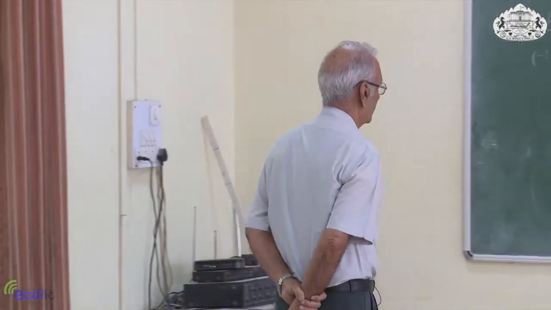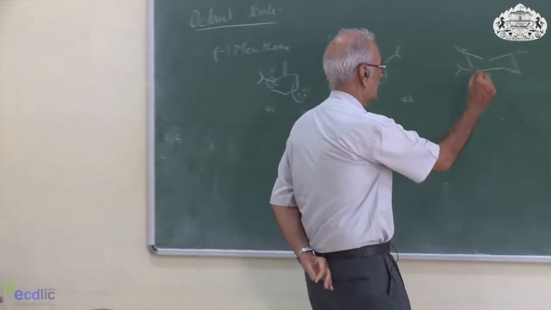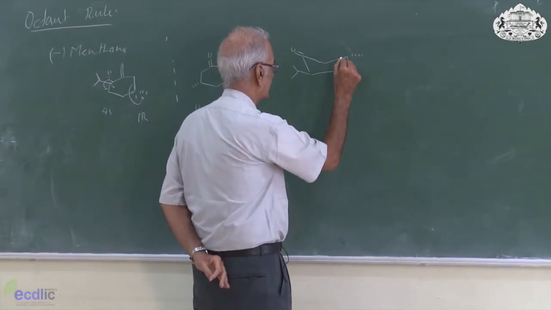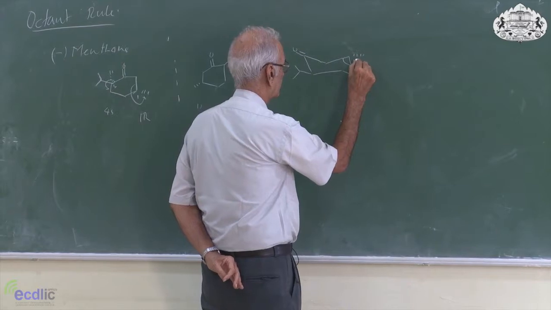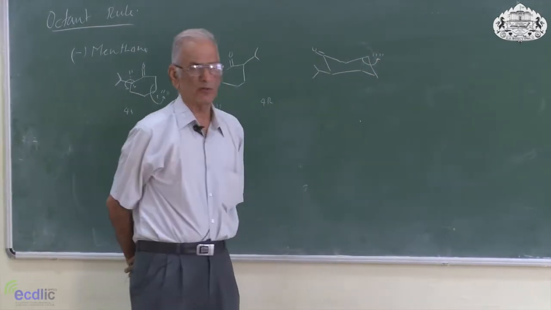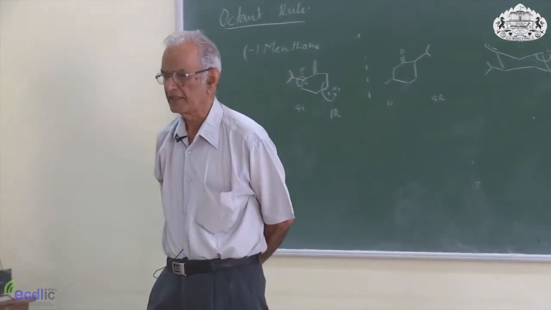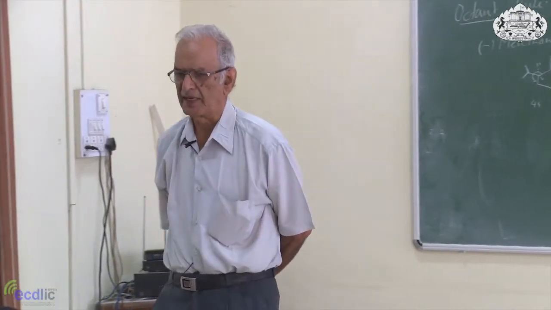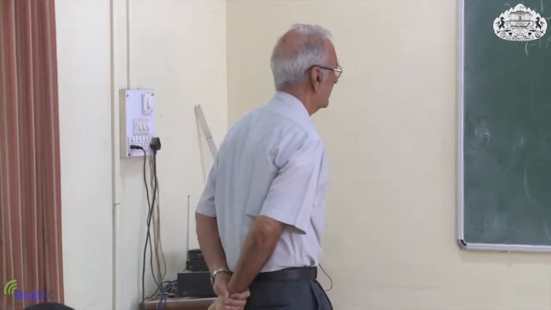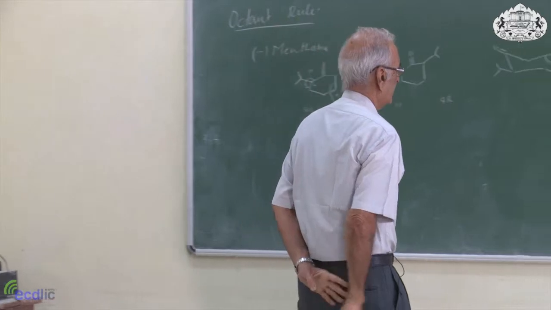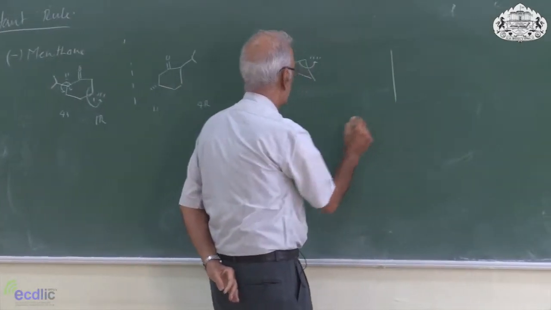Conformation will be chair, both substituents are going to be equatorial. And this is the 1R 4S. Let us check it out. Describes anti-clockwise direction. Hydrogen is in front. So, that is your 1R. Okay.